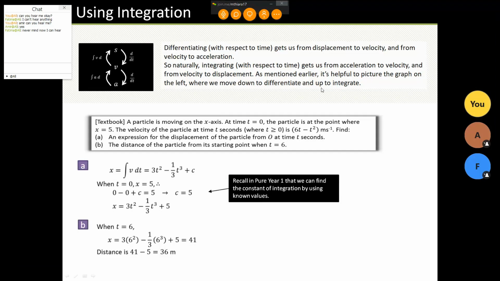It told us that from the starting point it was already 5 meters away from where it started off, and therefore we need to subtract the 5 meters that we've already got in there. Right, okay. Any questions?